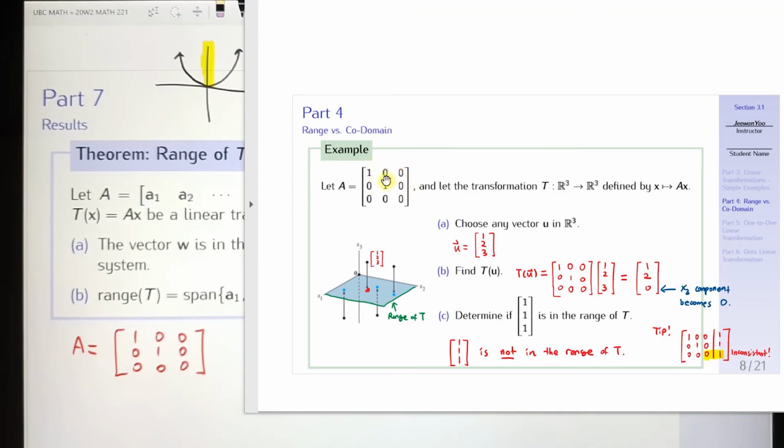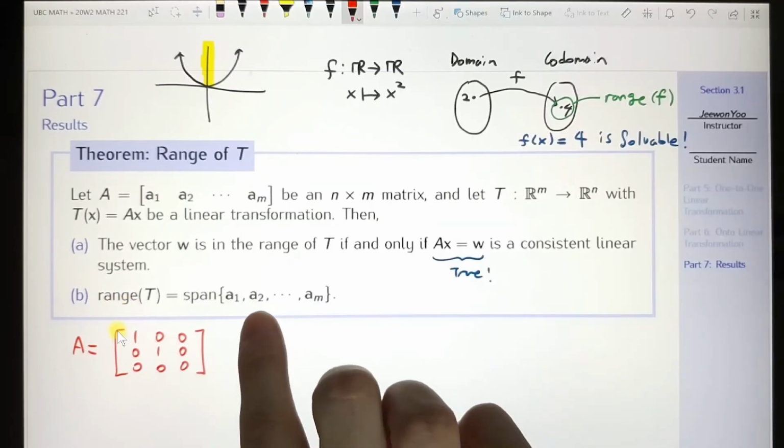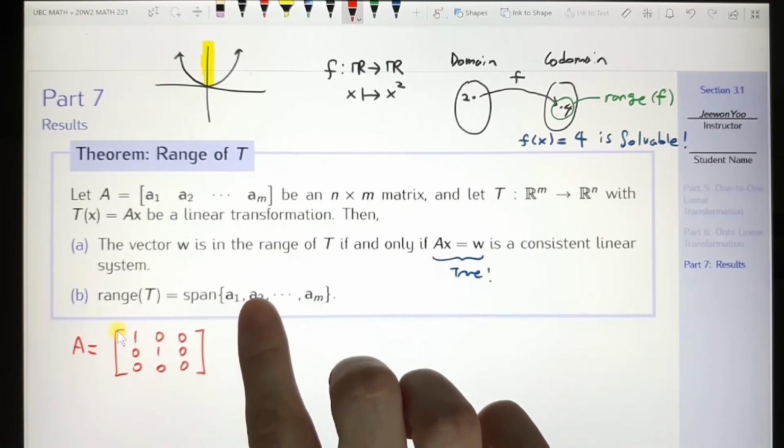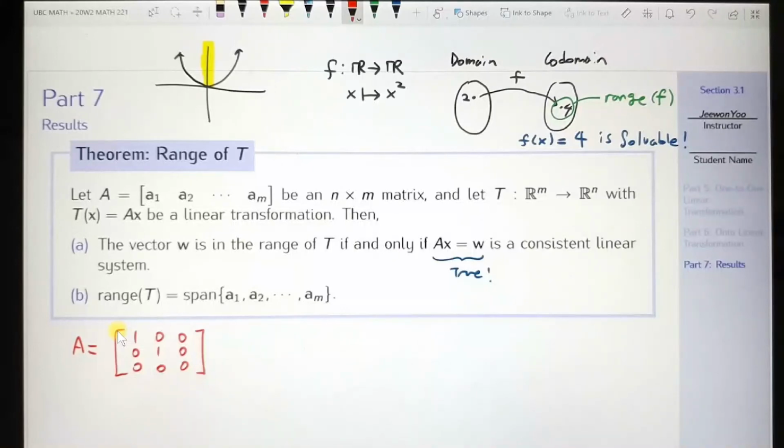Having the span of these 3 vectors is the range of the transformation T. So that's what it says. Range of T equals span of all the column vectors in the matrix A. That's all. You don't have to worry too much about it.